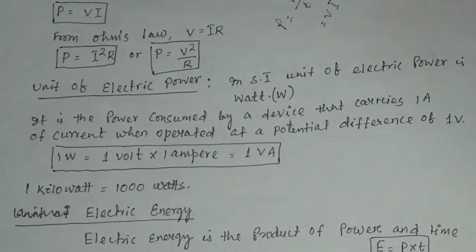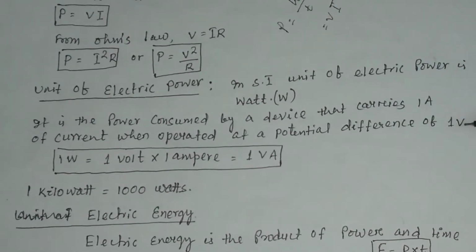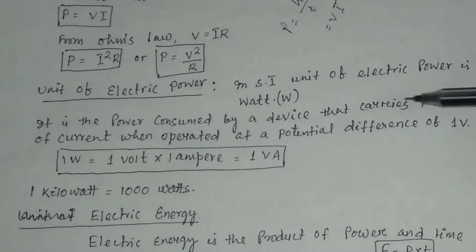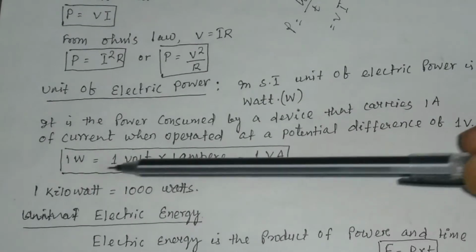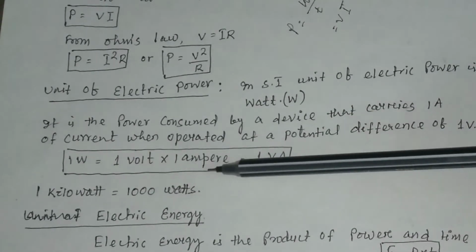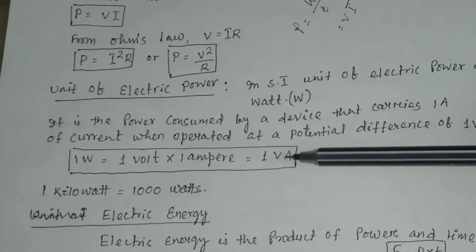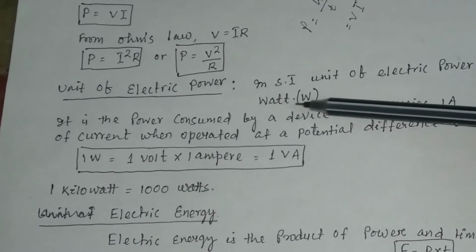You see, P equal to V into I. So when we take V equal to 1 volt and current equal to 1 ampere, then we say the power is equal to 1 watt. So 1 watt is equal to 1 volt into 1 ampere, that you may say 1 volt ampere.